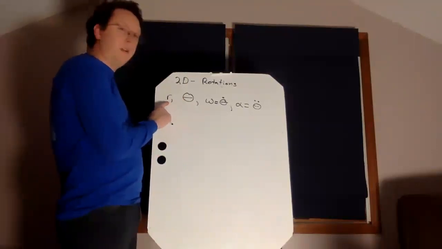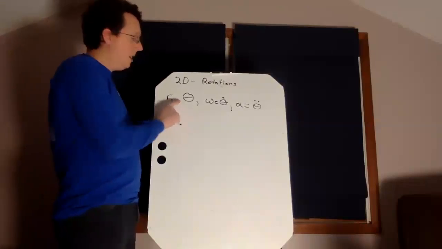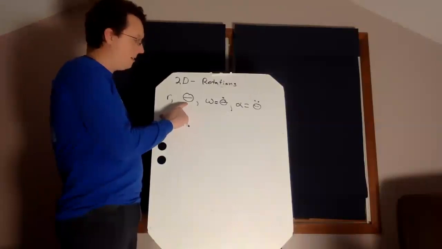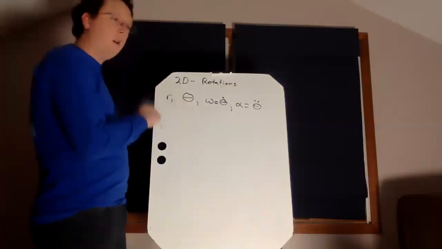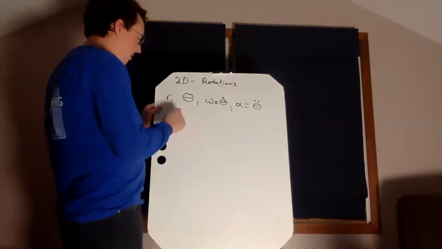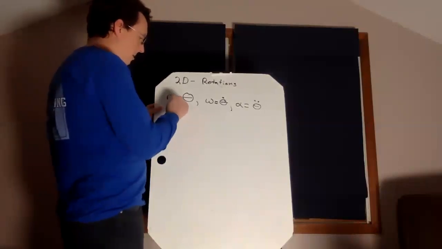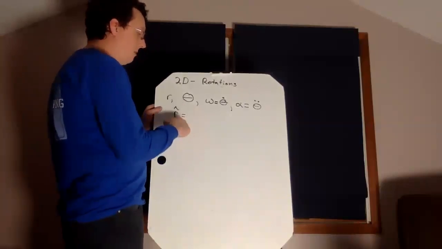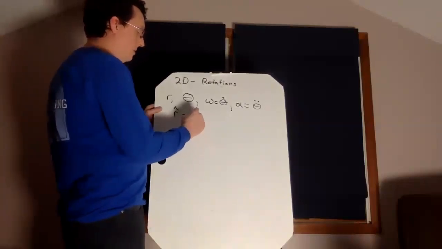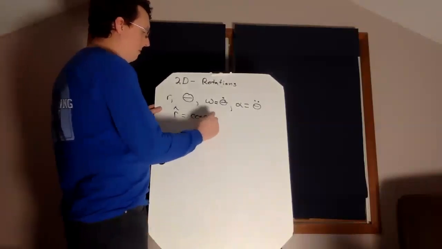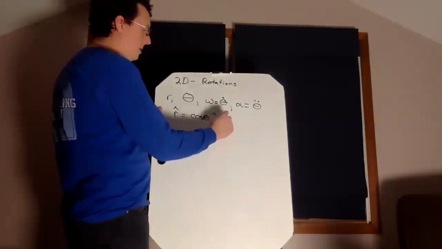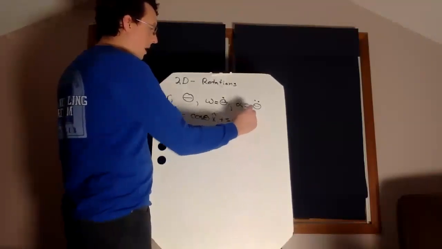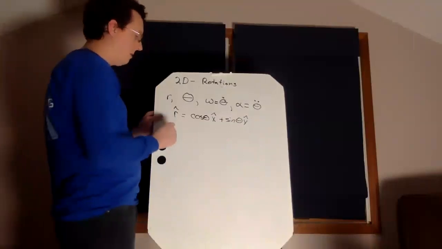There's a unit vector in the direction of increasing radius, and then there's a unit vector in the direction of increasing theta. And we call those r hat and theta hat. So r hat is a unit vector, and it points in the direction of increasing radius. So that was equal to cosine of theta x hat plus sine of theta y hat. It points in the direction of increasing radius.